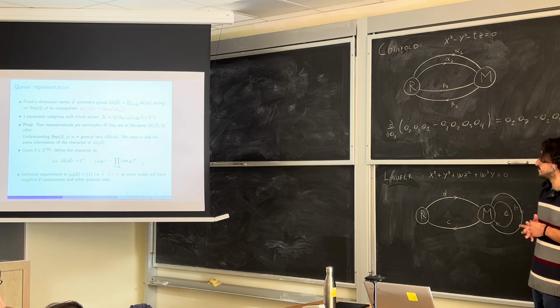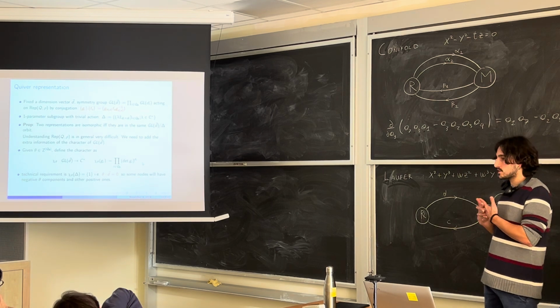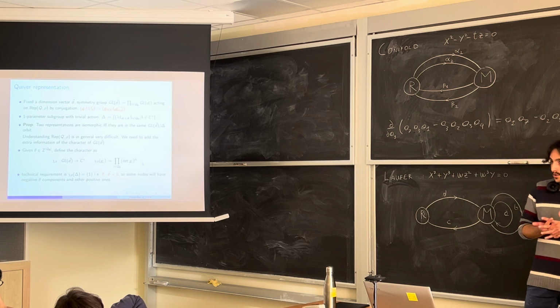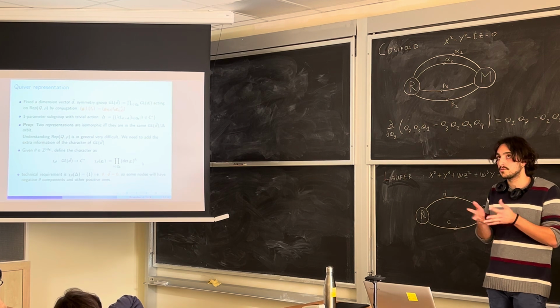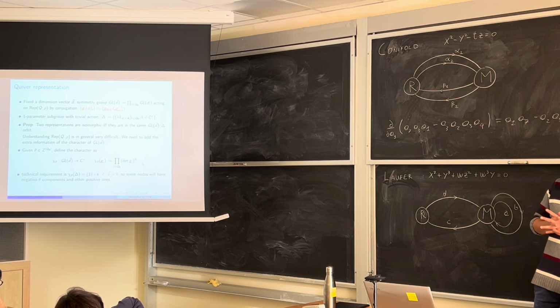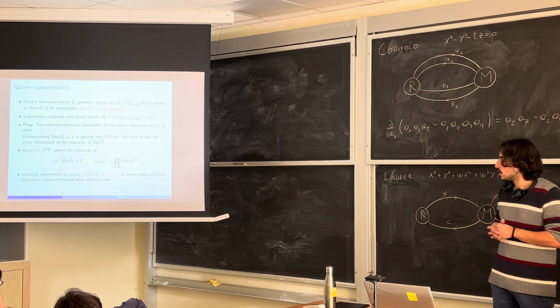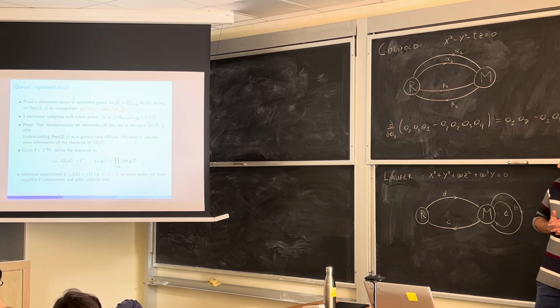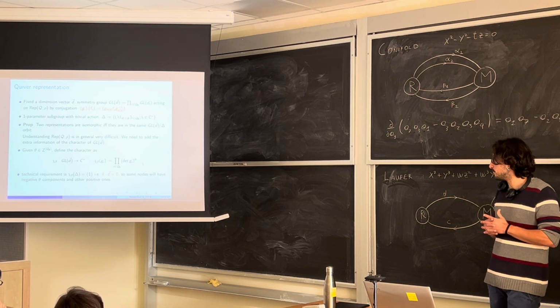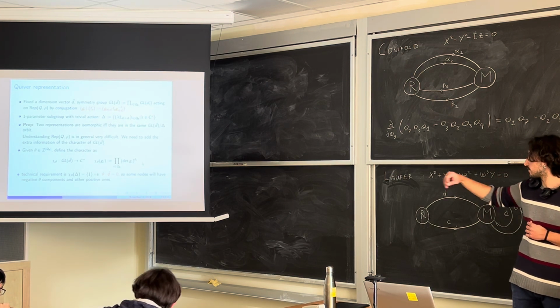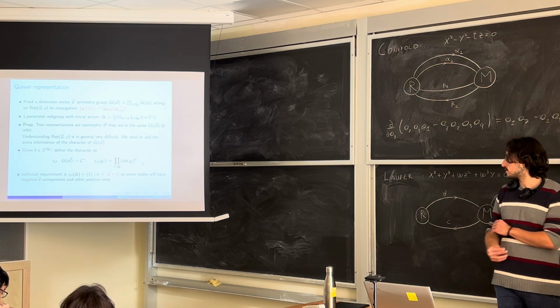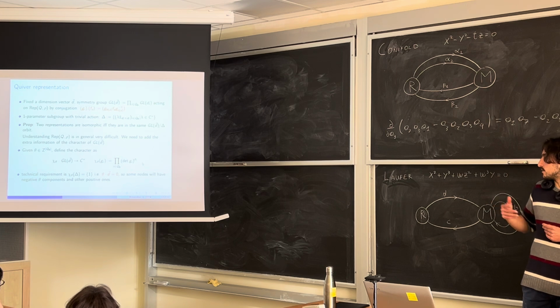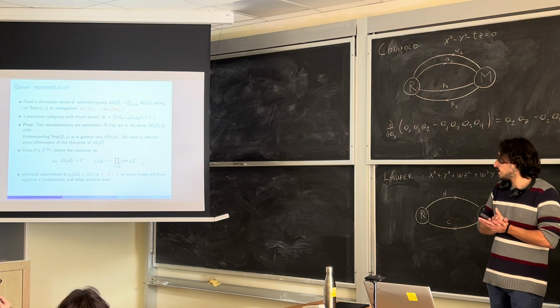And in general, studying representations of quivers with relations up to isomorphism can be very difficult. We can define the character as follows to add extra information.